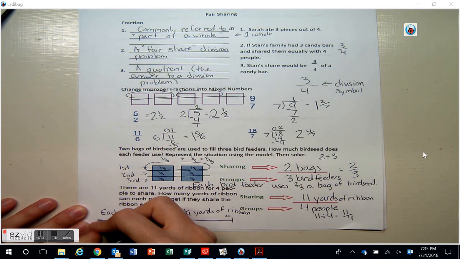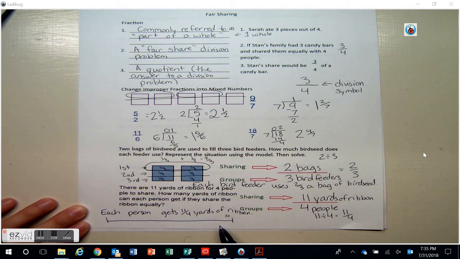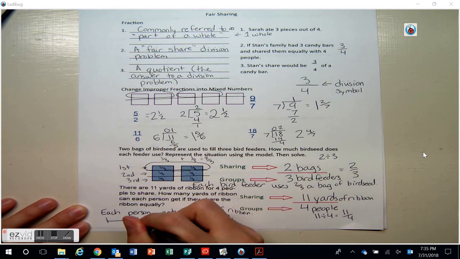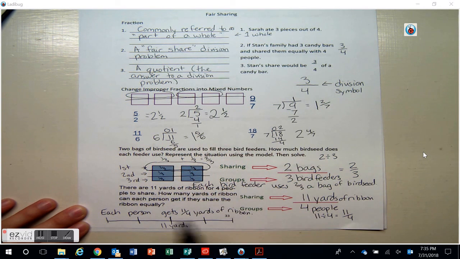Each bird feeder uses 2/3 of a bag of birdseed.